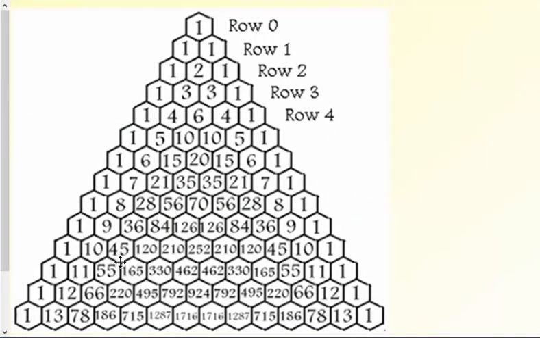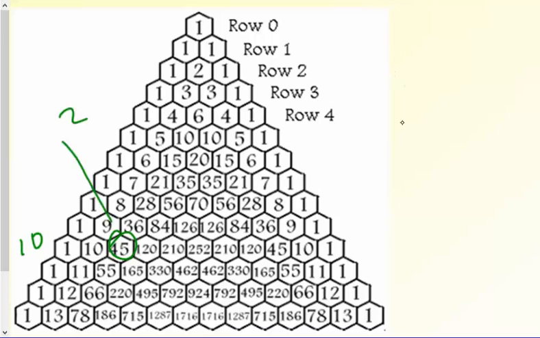Okay, let's try another one. Where does this number 45 come from? Which row is it? 0, 1, 2, 3, 4, 5, 6, 7, 8, 9, 10. So it's the 10th row, and the 0, 1, 2, second term.